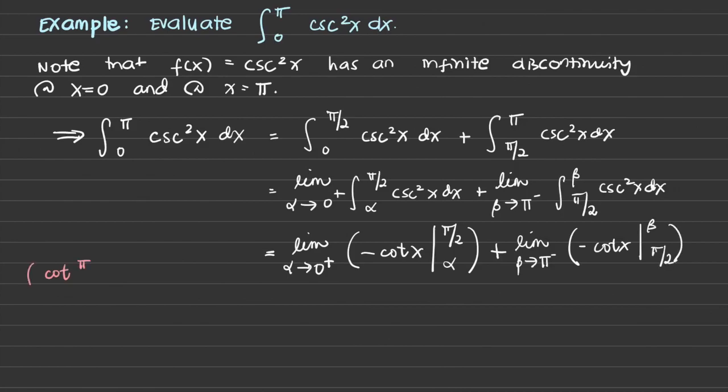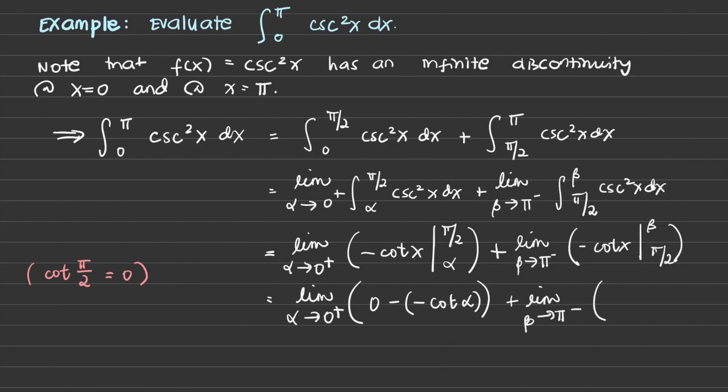Again, you have negative cotangent pi over 2, cotangent pi over 2 is 0, so 0, minus negative cotangent alpha. So that will just be positive cotangent alpha. And then plus you have the limit as beta approaches pi from the left of negative cotangent beta minus, again, 0.